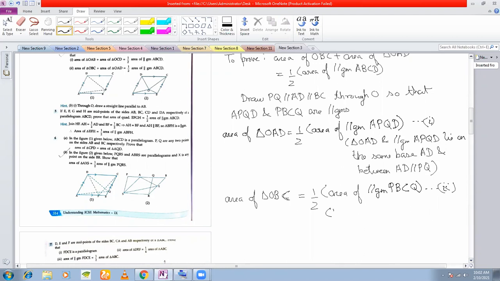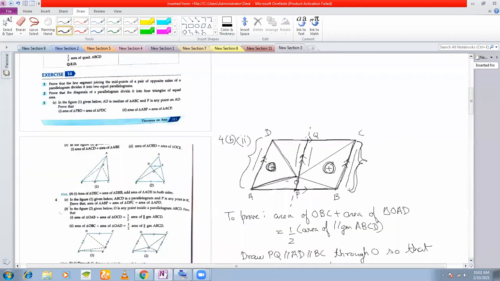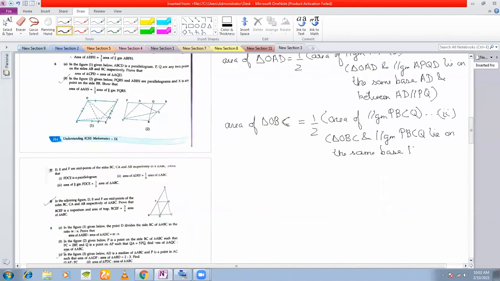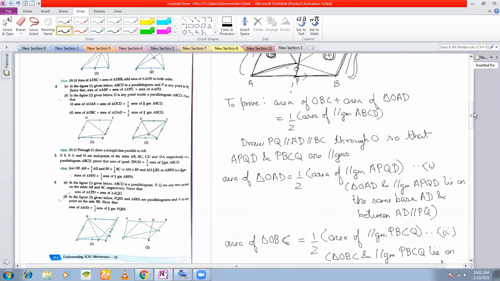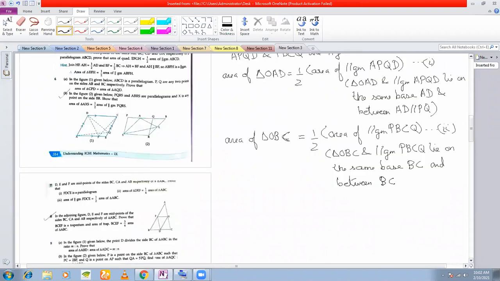And your reason is triangle OBC and parallelogram PBCQ lie on the same base. This time the base is this one, BC, and between what parallel lines? It lies between BC and PQ. So BC parallel to PQ.